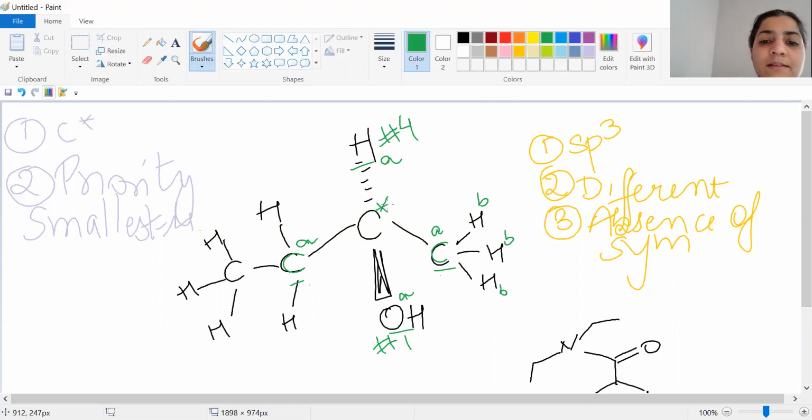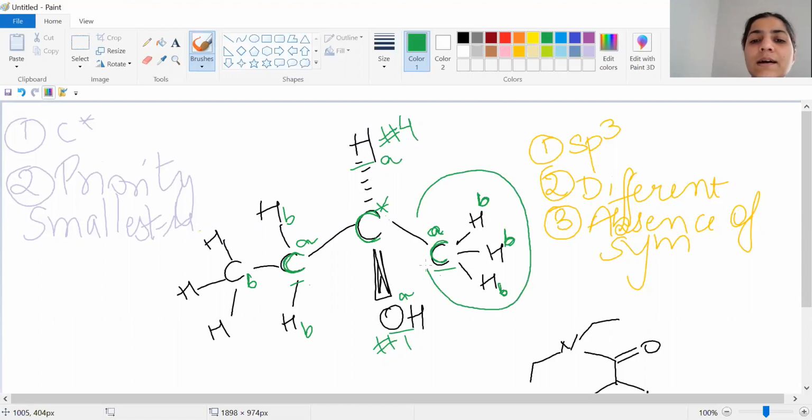So remember, this is my chiral center. This is the first atom which is attached to my chiral center. These are the next, second atoms that are attached to my chiral center. In the same manner, this is the second atom attached to this chiral carbon. This is also a second atom attached to my chiral atom. And this is also my second atom attached to my chiral atom.